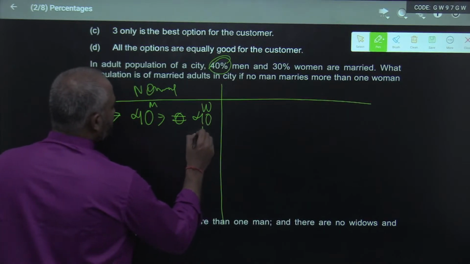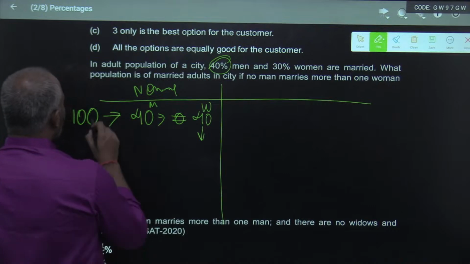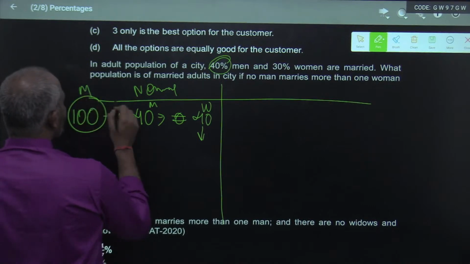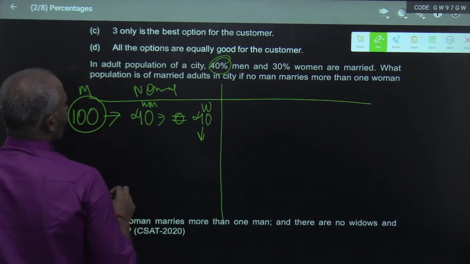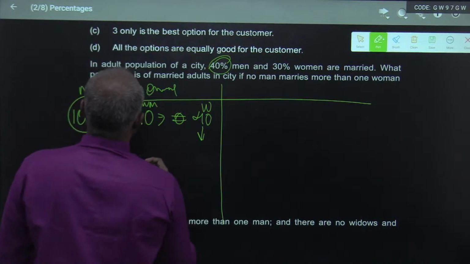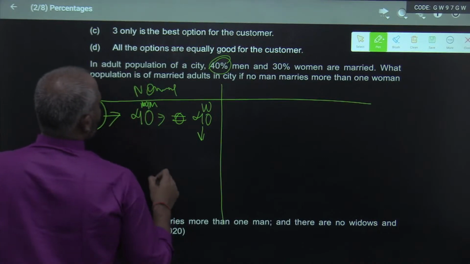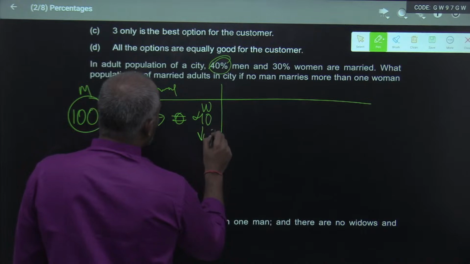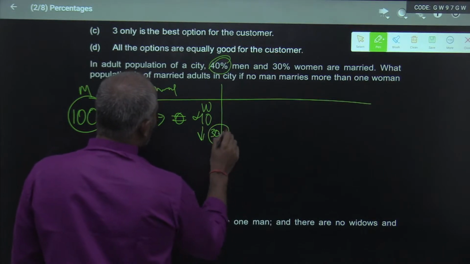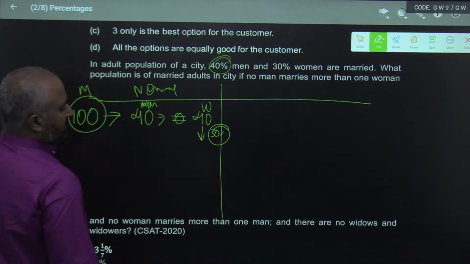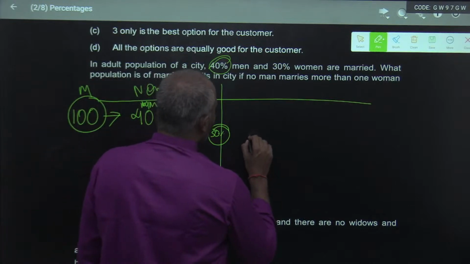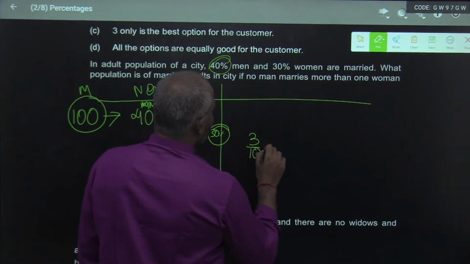That means how many women are actually there? 100 men, and we get married men. This 40 is 30% of the total women. So 30% is 3 by 10.